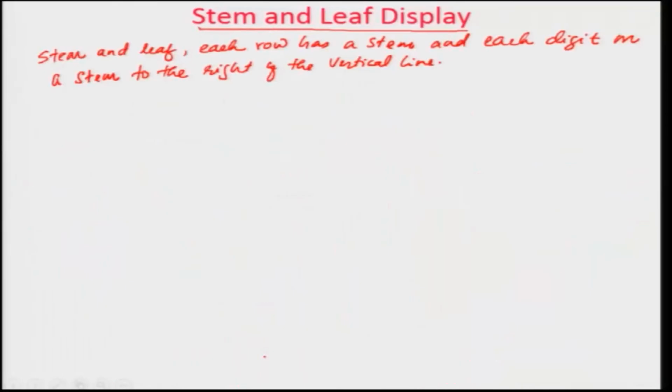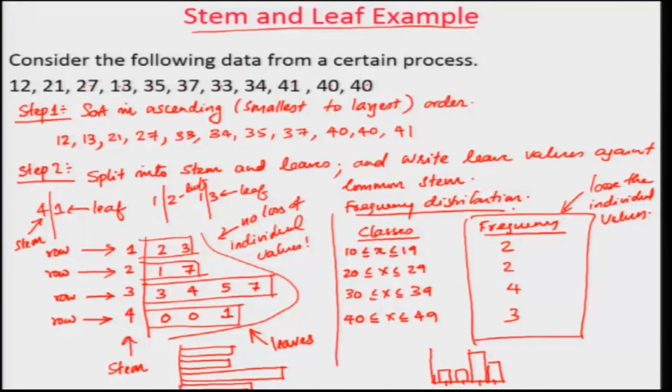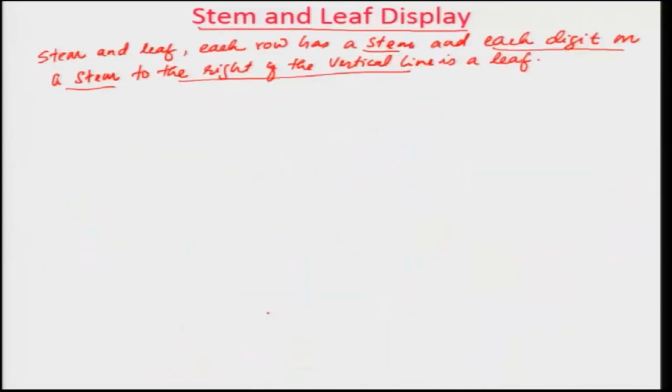So, each row has a stem and each digit to the right of the vertical line is a leaf. Individually these are the leaves. Okay. That is the first part.